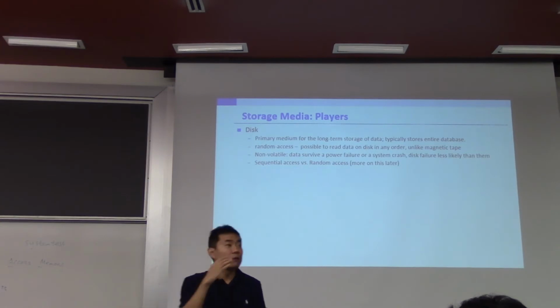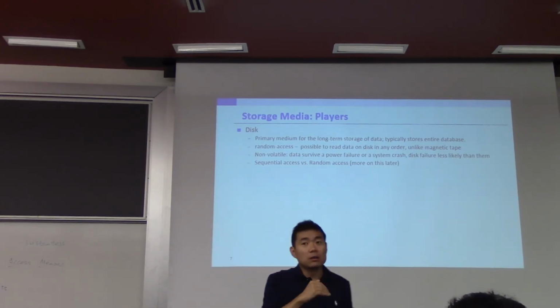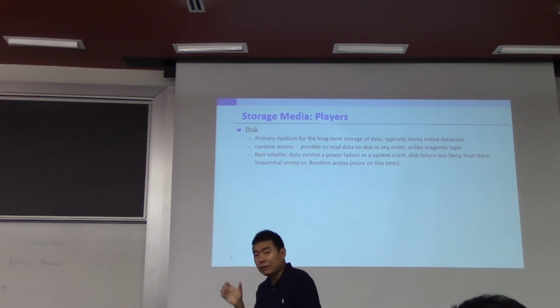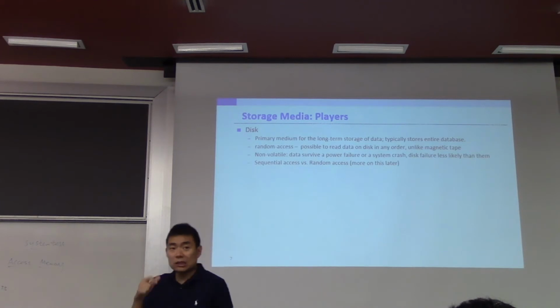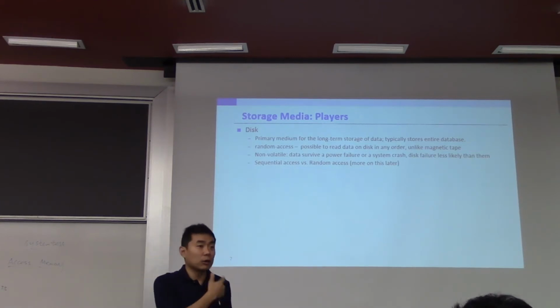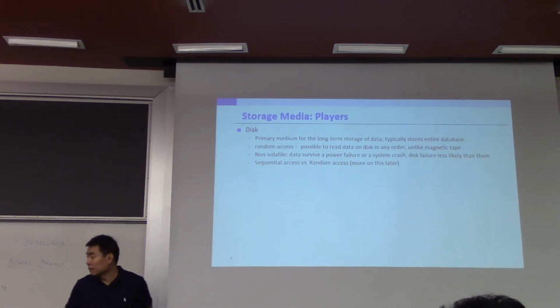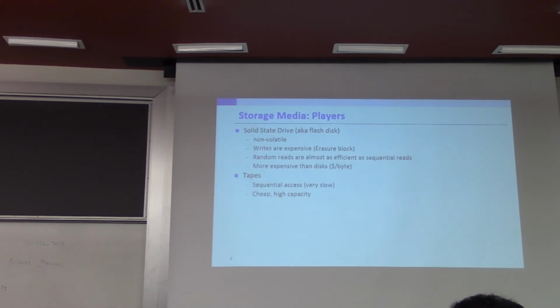The cost of doing random access on a hard drive disk matters, the location where you try to access data matters a lot. That determines the cost of your random access. I will explain this later on. Okay? That's another very distinct feature of accessing data from disk.